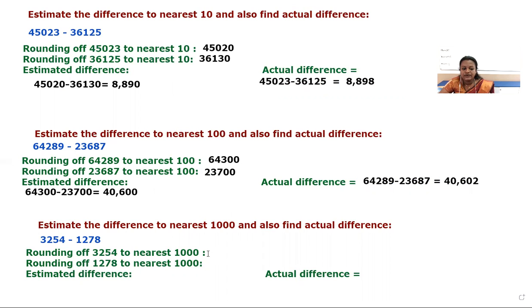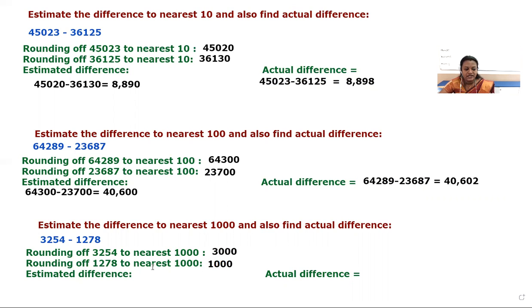Finally, let's try for the thousands. 3,254 minus 1,278 to be estimated to the nearest 1,000 and also find the actual difference. So 3,254 to the nearest 1,000 is 3,000. 1,278 is again 1,000. So that becomes quite easy as it is a one-digit subtraction, keeping all the other digits similar.